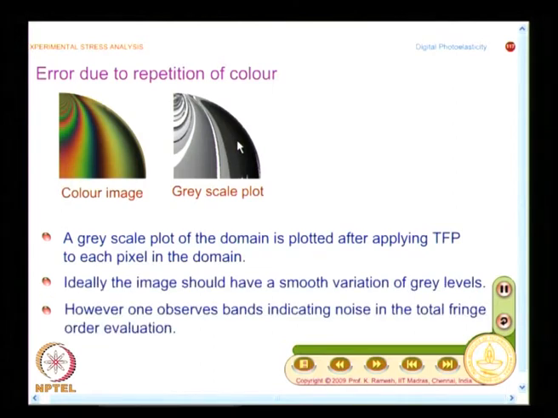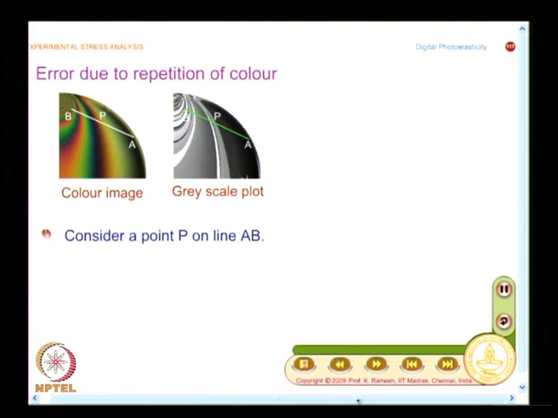Now, I take a line that passes through the fringe field. So, we will have a line AB, and consider a point P on line AB. I am taking a line that passes through the color image, and let us also look at the color code and find out what has really happened.